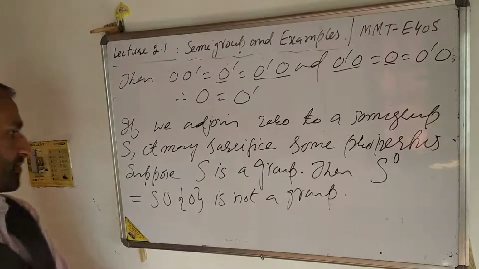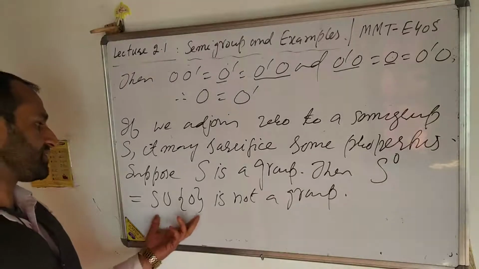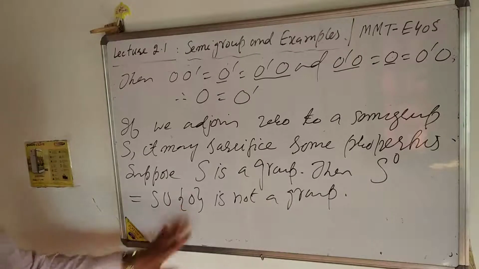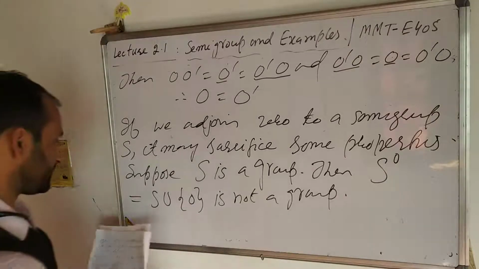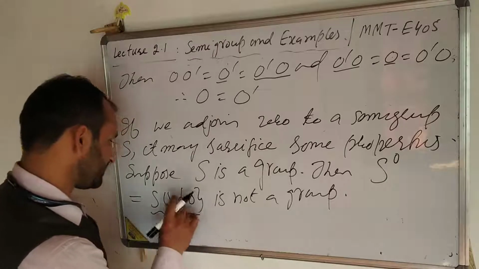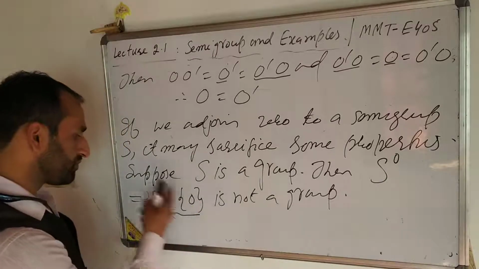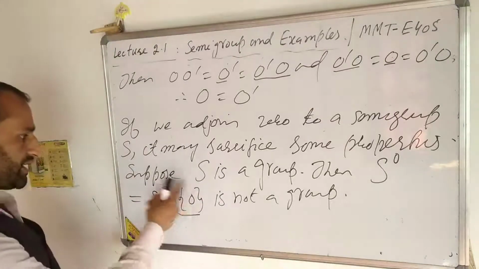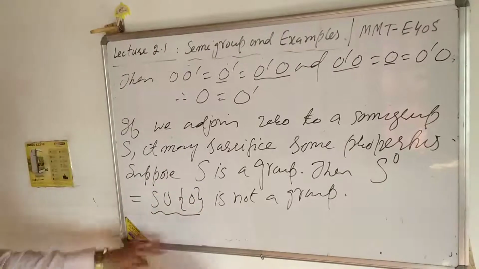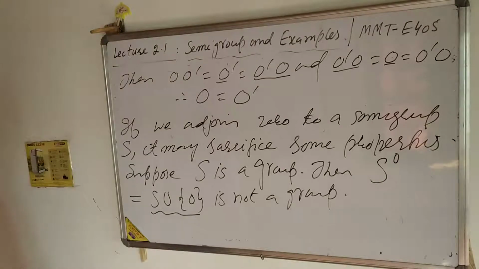Suppose this is a group. Then if we take any element, say 0, since it's a group, every element of that group must possess an inverse. Since 0 is an element of that group, 0 must have an inverse.